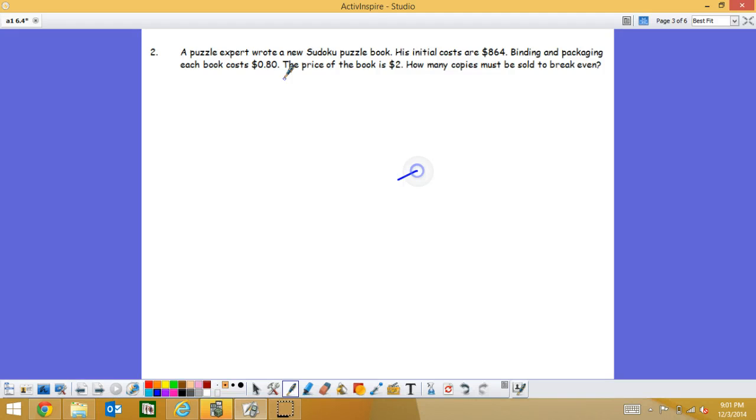So we want to know when costs, again, equal income. And so what's the total cost? Well, we have an initial cost of $864 plus 80 cents per book.